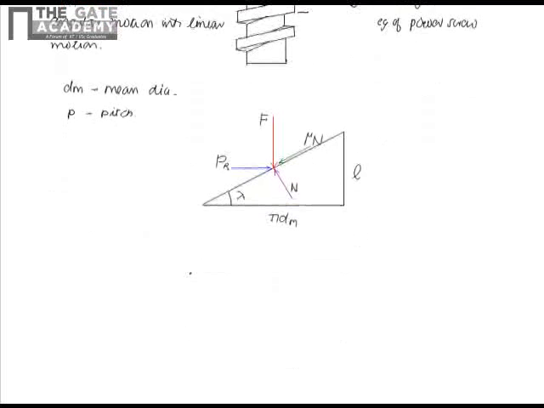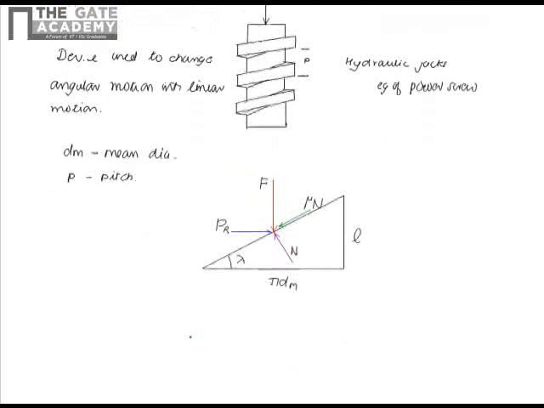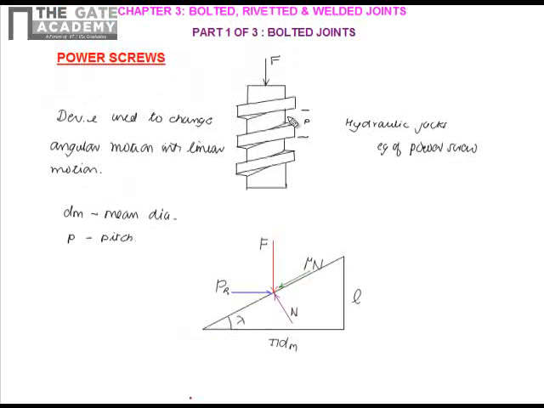Now what we do is unwind one thread of this power screw. When one thread is unwound, we get this distance as pi dm and this length will be L. It's a single threaded screw, so L will be equal to P. If it's a multiple threaded screw, L will be different. For the case of raising a weight, F is the force acting downwards, that is the weight of the component which has to be raised.